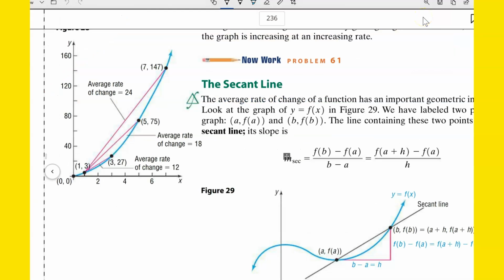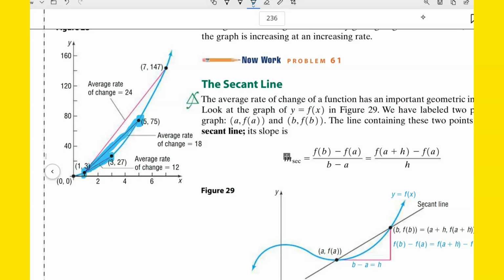So this illustrates the point here. You have the point 1, 3, and here's the point 3, 27, and here's the line running between those. The average rate of change between those 2 points is the slope of that line, whereas the average rate of change between 1, 3, and 5, 75 is the slope of this line, which is steeper.